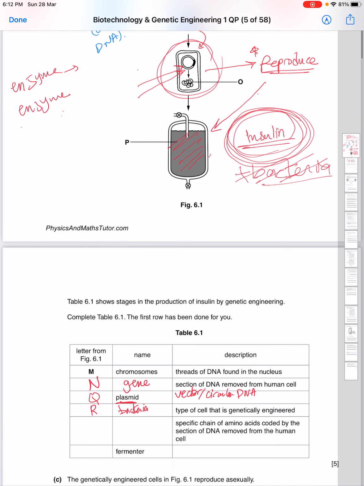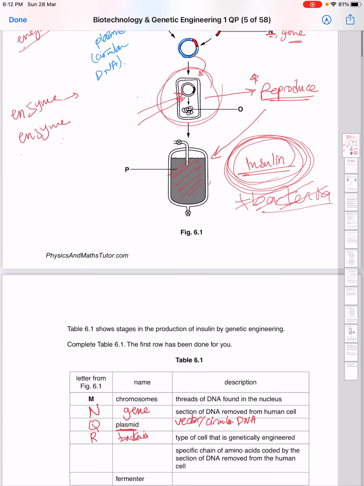And then a specific chain of amino acids coded by the section of DNA removed from the human cell. What's the specific chain of amino acids? It is basically a protein, coded by this section of DNA. So this protein is the insulin. Is insulin a protein?